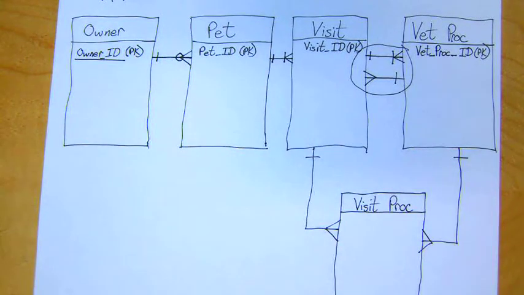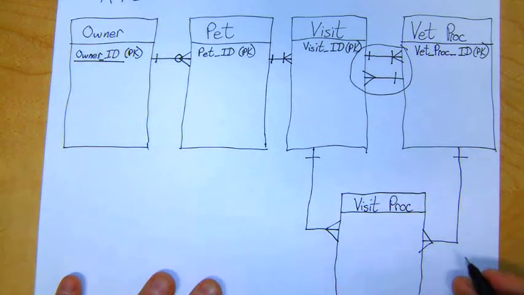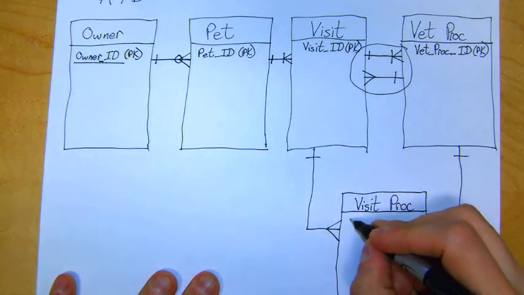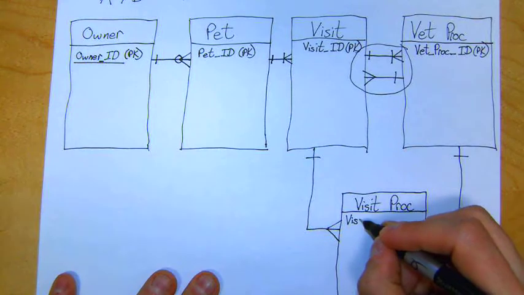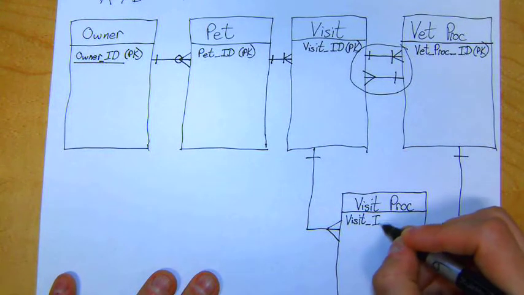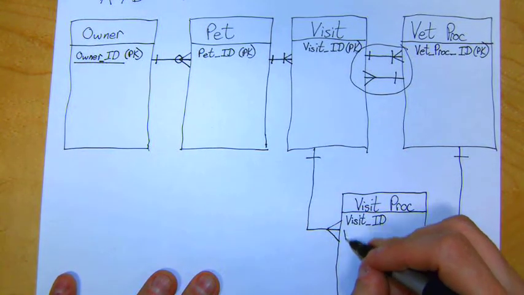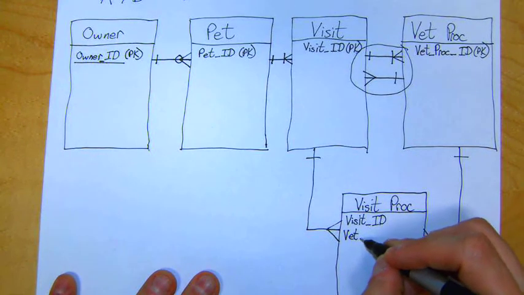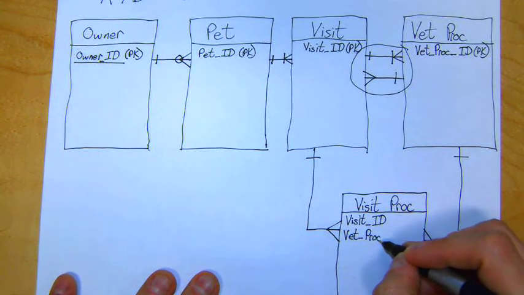And that actually has some great utility for one reason. The associative entity takes on the properties of both of the parents, right? So it's a child, and so it takes on the characteristics of the parents. So it's going to get visit_ID and that procedure_ID.